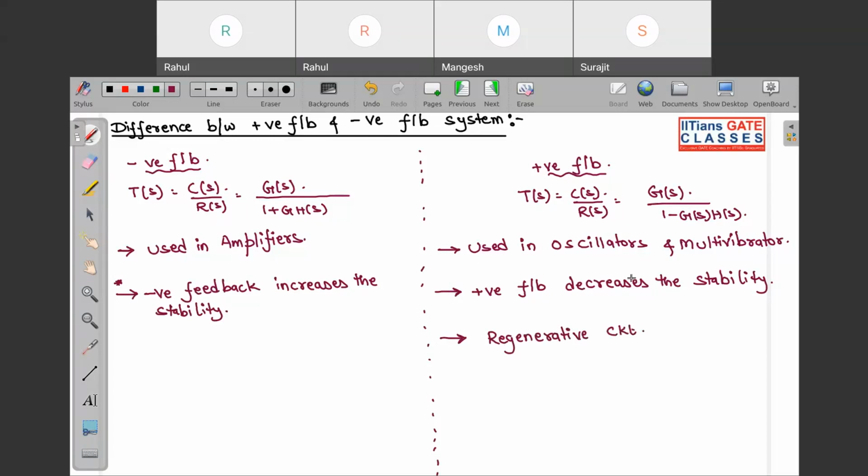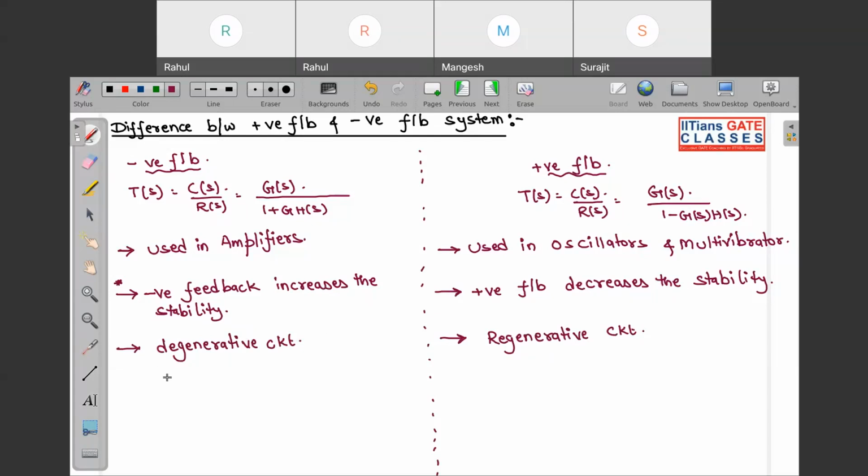This is known as regenerative, and your negative feedback is known as what? It is known as your degenerative circuit. Why?